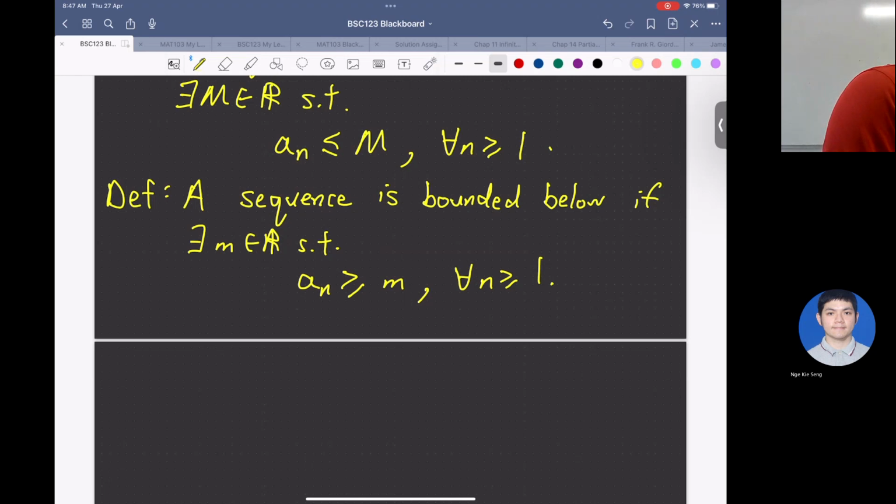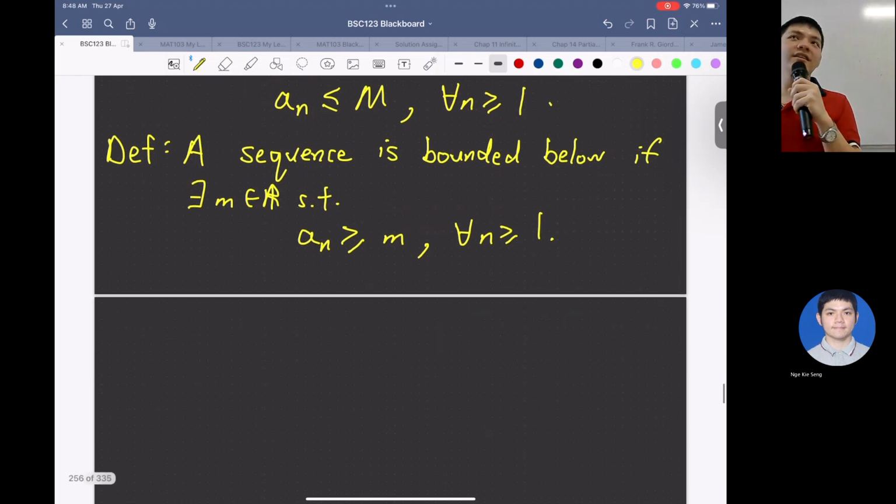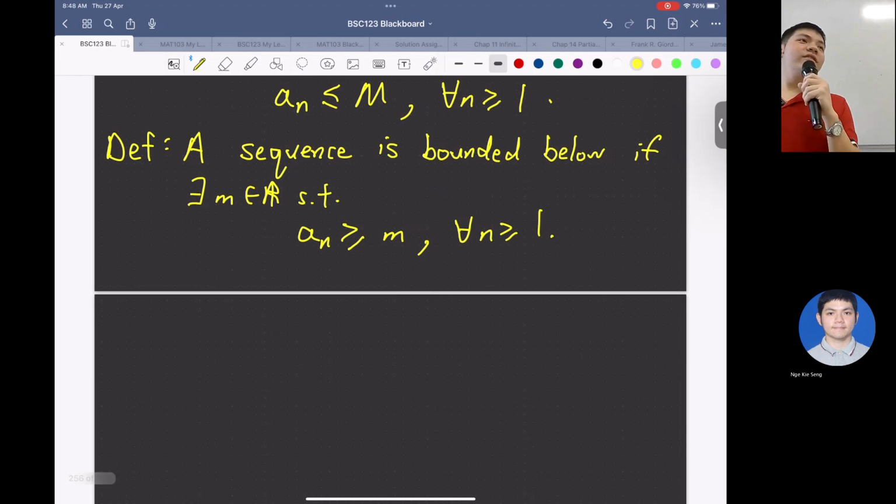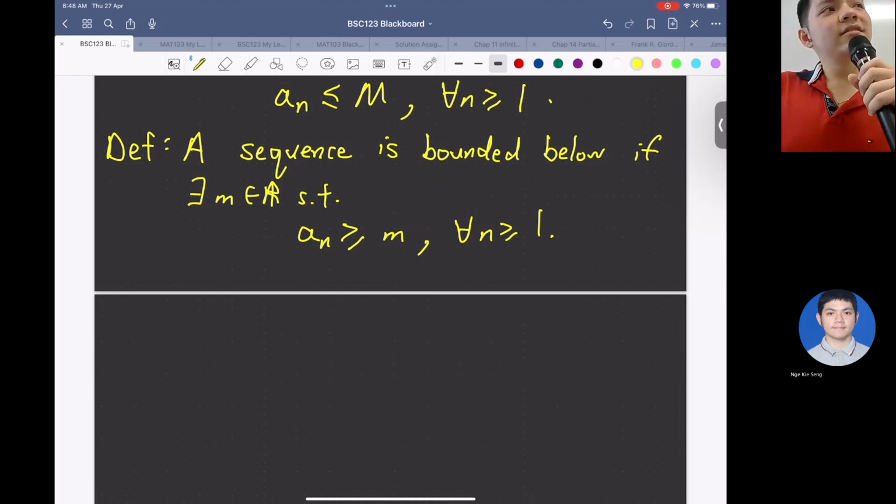For every increasing, or non-decreasing, sequence, a1 can be a lower bound. Can be a bound for every monotonic increasing sequence. Yeah, correct. That's right.